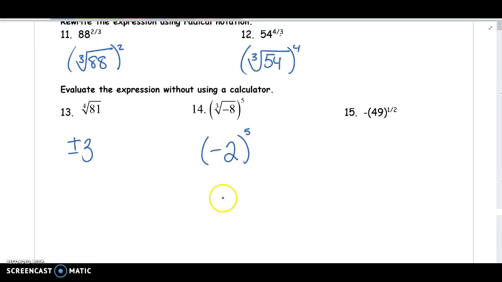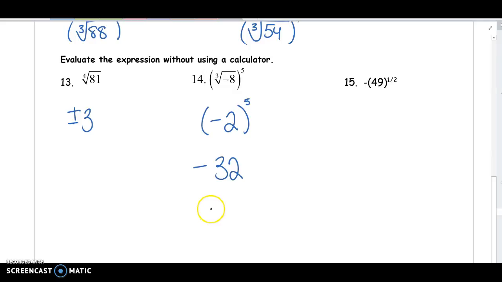What is 2 raised to the 5th? 32. And because it's negative 2 to the 5th, that means negative 2 times negative 2 times negative 2 times negative 2 times negative 2. That's 5 negatives. Are 5 negatives going to completely cancel out? No. An odd number of negatives doesn't cancel, so your answer is negative 32.